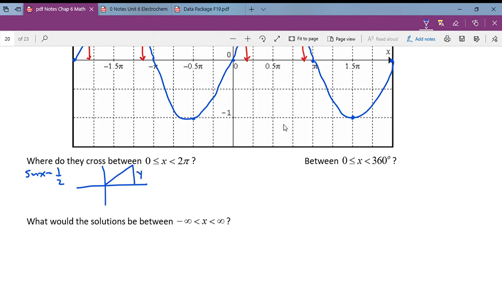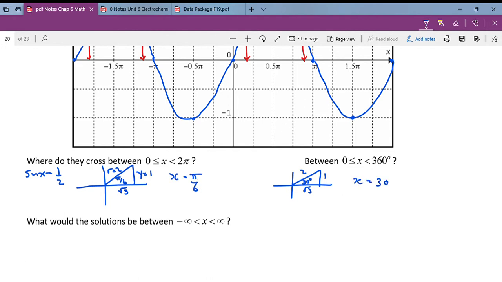This is giving me y over r, so the y is 1, the r is 2, which makes the x root 3. So this is my 1, 2, root 3 triangle. Across from the 1 is my smallest angle, which is my pi by 6. Even if I was doing this in degrees, it would still be my 1, 2, root 3 triangle, and this would be my smallest angle of 30 degrees. So one of the answers is pi by 6, or 30 degrees.